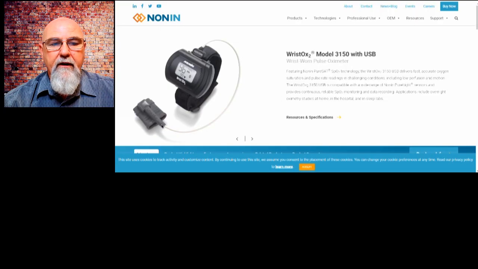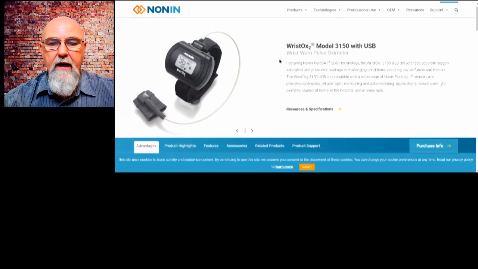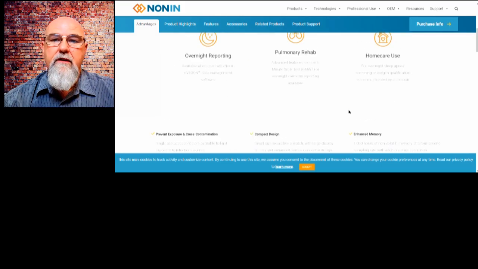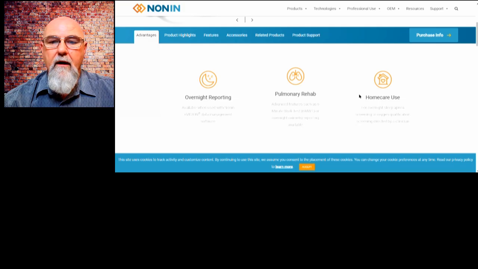It fits over your finger and measures oxygen saturation while you sleep, and it's hooked to a watch-like feature so that it can hold everything in place while you sleep. Nonin builds some of the best devices there are, so we're proud to have it. It's often used by clinics. It's even used in home care, or other settings where we need to measure overnight sleeping.